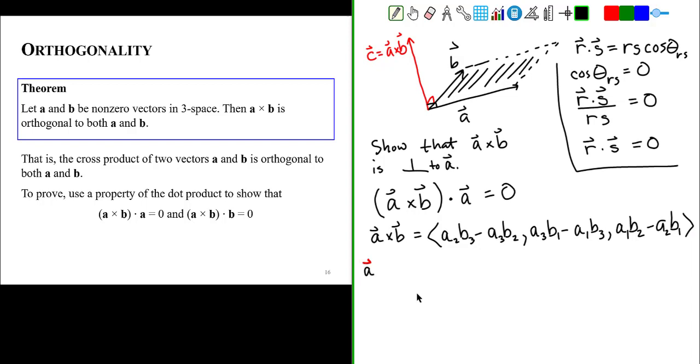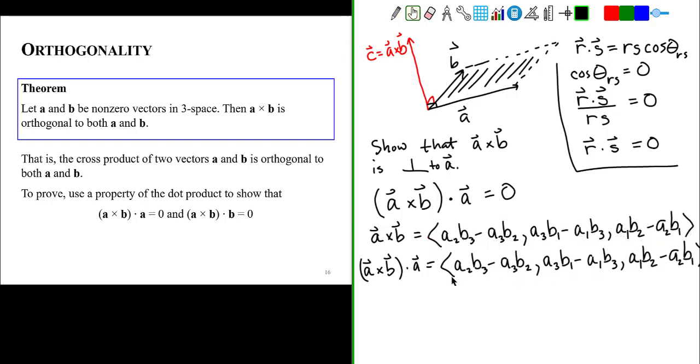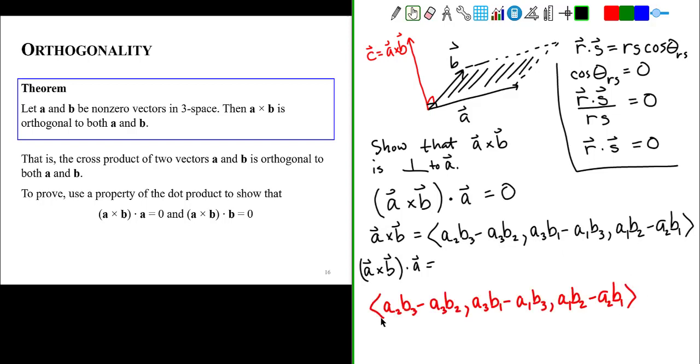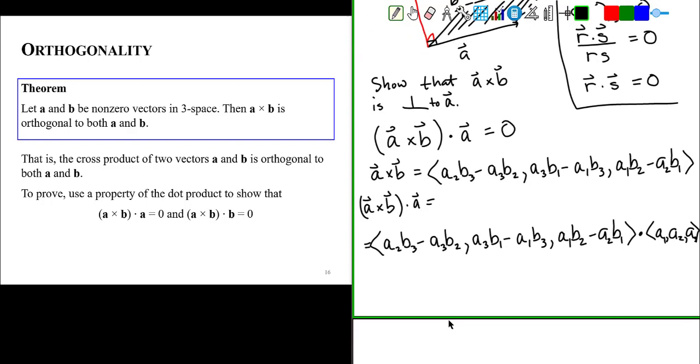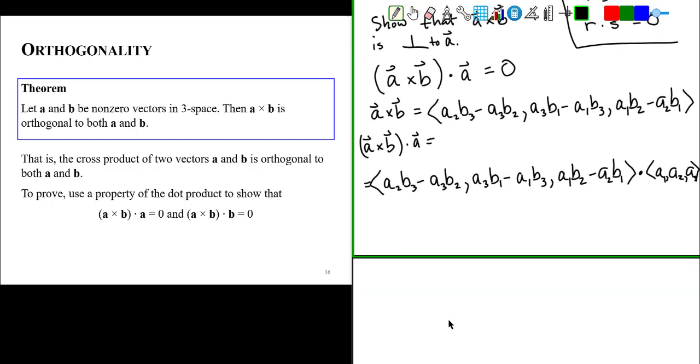So then, vector A cross vector B, dotted with vector A, is going to be equivalent to, and I'm just going to copy the work we've already done, the cross product between those two vectors dotted with vector A. When we evaluate this, A cross B dotted with vector A is equal to, okay, we are dotting this.